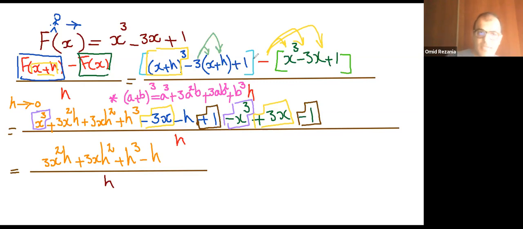Oh, sorry, guys. Here it has to be, look at this one. I multiplied minus 3 by x plus h. I wrote here minus 3 minus h. It has to be minus 3h. You see that? Did you see what went wrong?